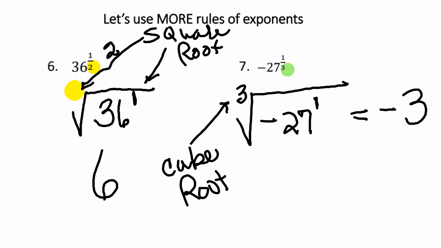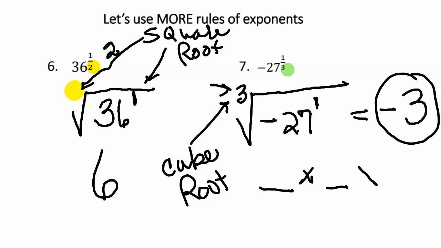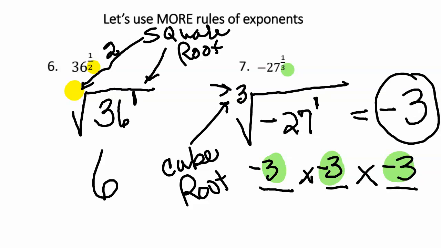Now, why is it giving me a negative 3? Because you see this little 3? It's saying I want 3 numbers that multiply together to give me negative 27. But they all must be the same number, which is negative 3 times negative 3 times negative 3.